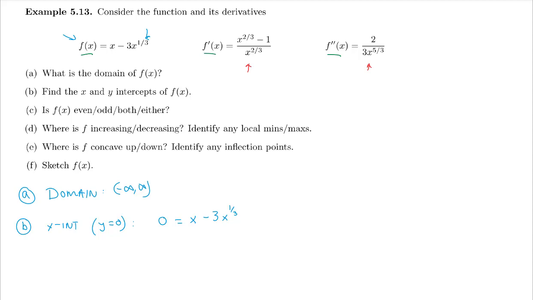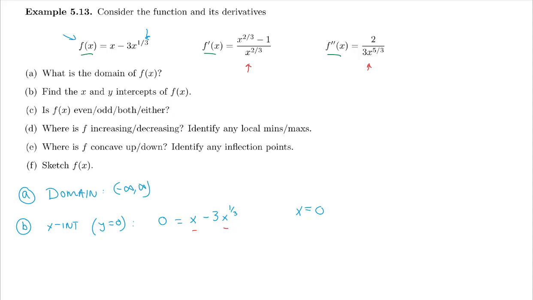Before we do any of the algebra, we can notice here that both terms have some version of x involved, and therefore x equals 0 is one of the solutions to this equation right away, and that's one of our x-intercepts. That's also going to be our y-intercept.